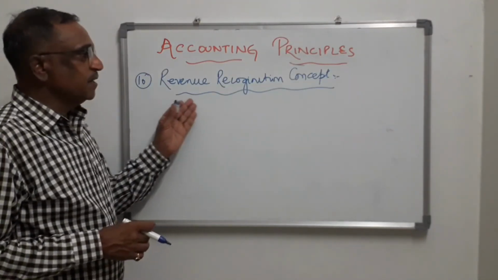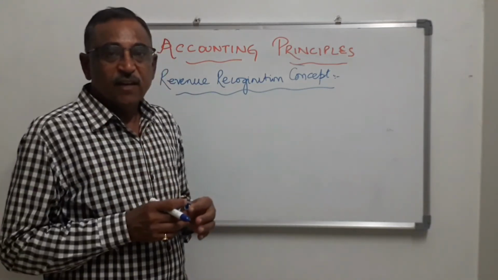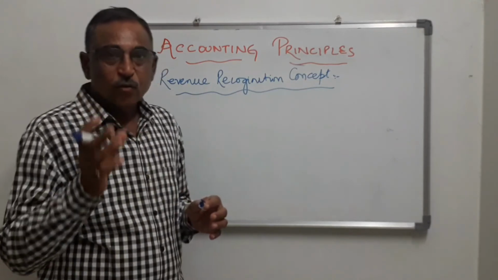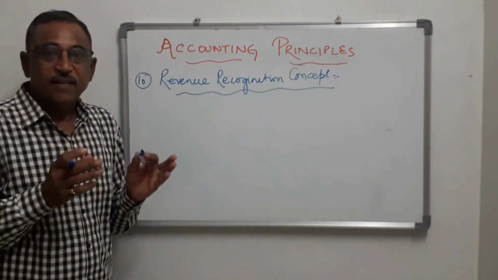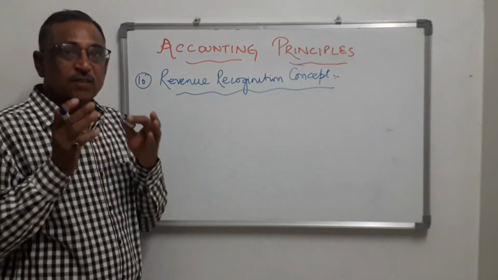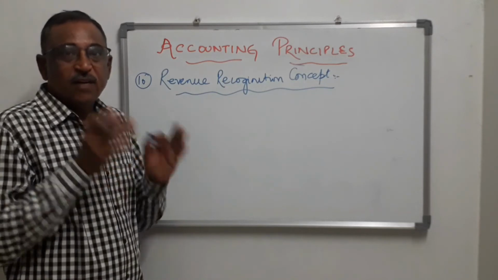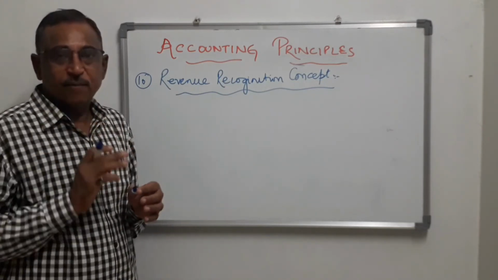As per this concept of revenue recognition, the revenue is recognized to be realized when the transaction has been entered into and the obligation to receive the same has been established. Now let us understand with the help of an example.